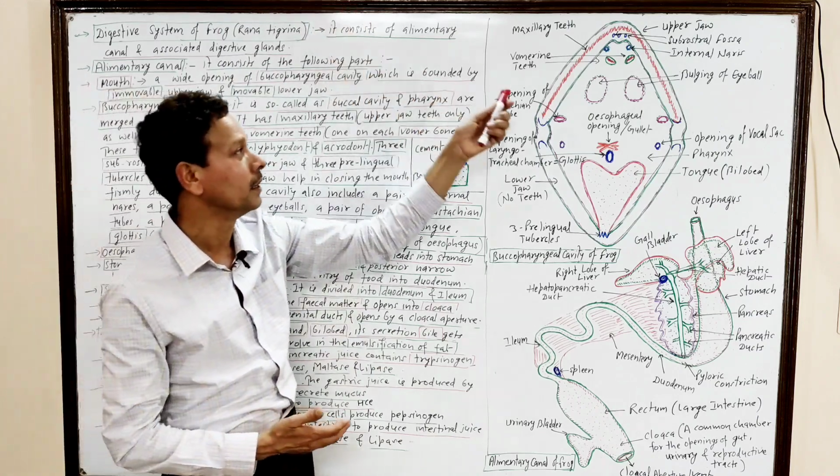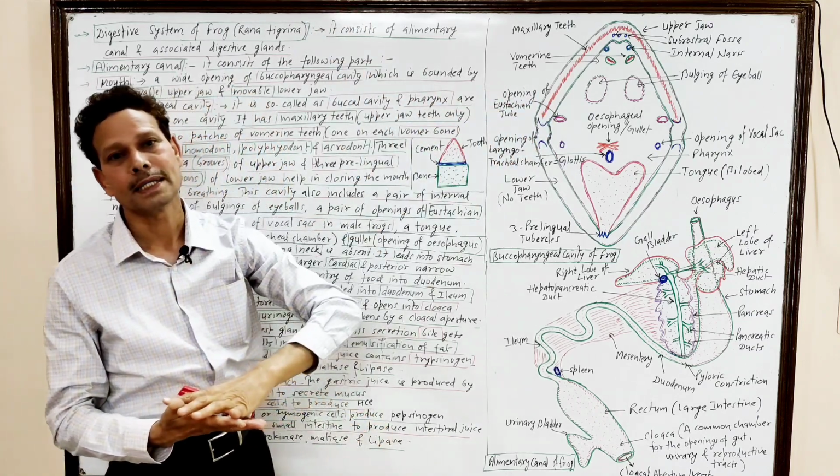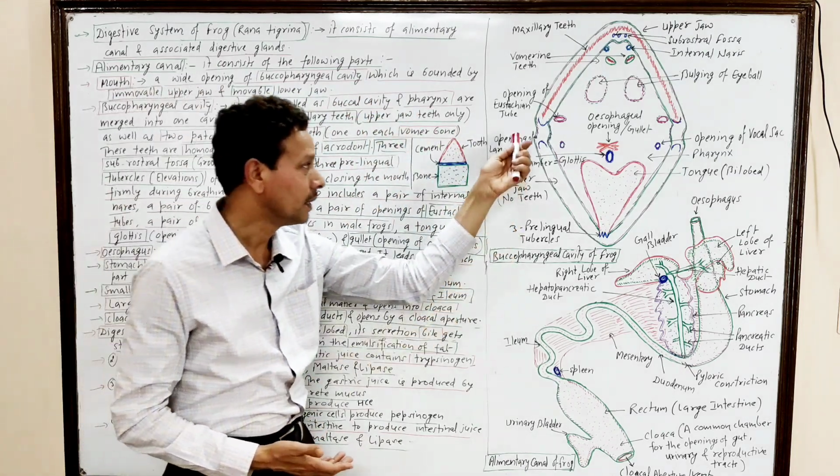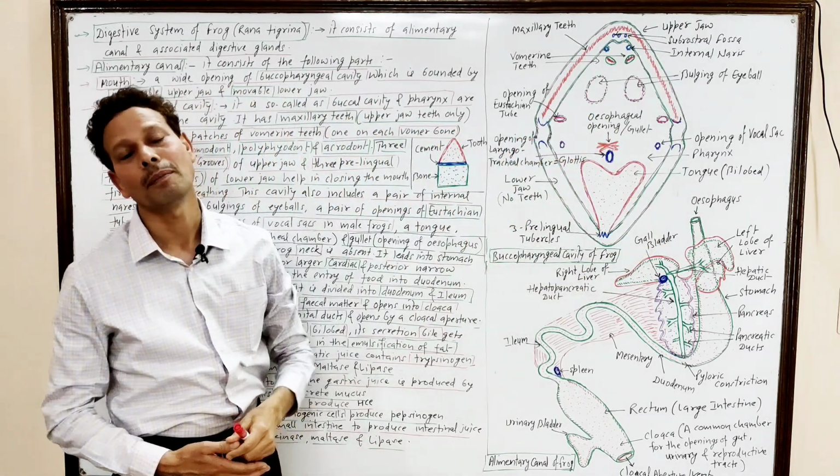Mouth is bounded by two jaws, the upper jaw which is immovable, and the lower jaw which is movable.